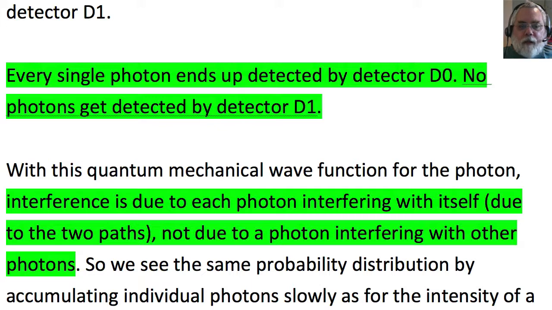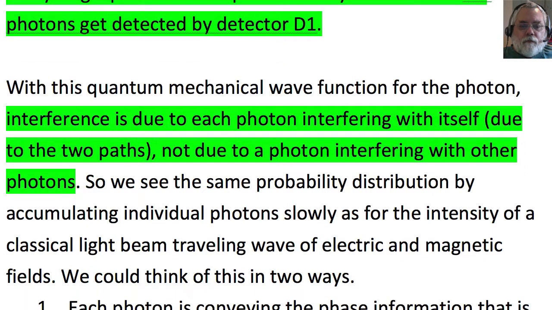With this quantum mechanical wave function for the photon, interference is due to each photon interfering with itself due to the two paths, not due to a photon interfering with other photons. So we see the same probability distribution by accumulating individual photons slowly at the detector as for the intensity of a classical light beam traveling wave of electric and magnetic fields.